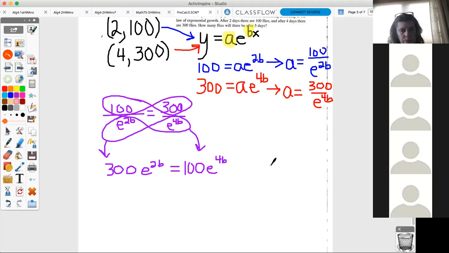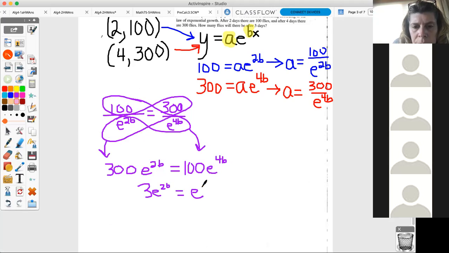So now what can I do? Divide by 100. Yep. All right, so if we divide both sides by 100, we get 3e to the 2b equals e to the 4b. All right, now I probably would go ahead and divide both sides by e to the 2b.